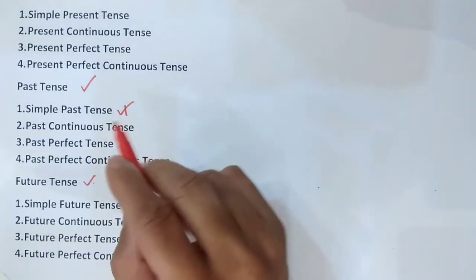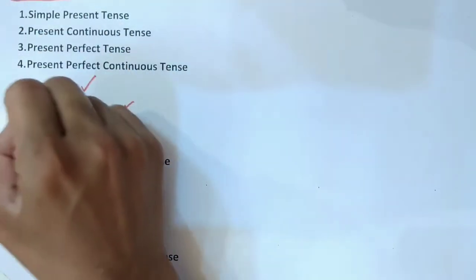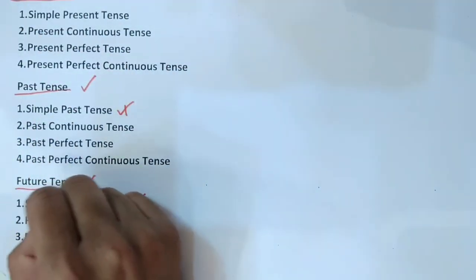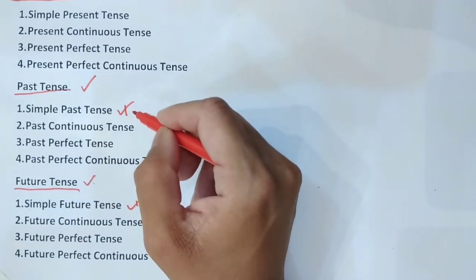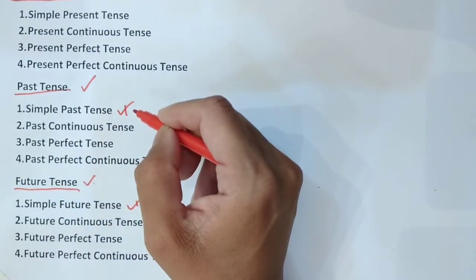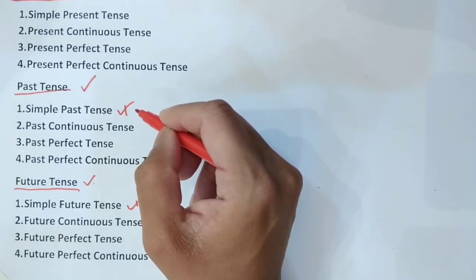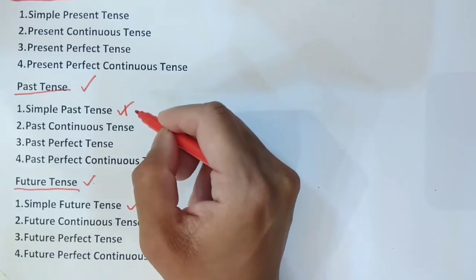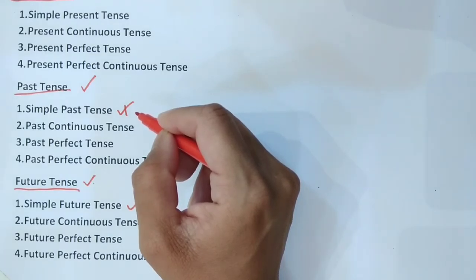Of course, some grammarians do not consider the future tense in English as a tense. This is because the future tense is formed by adding will to the verb and not by making changes to the verb itself.